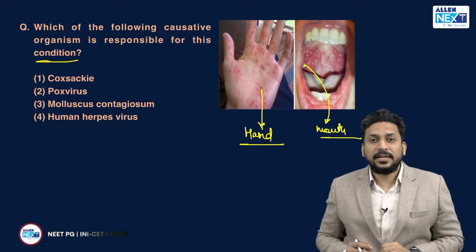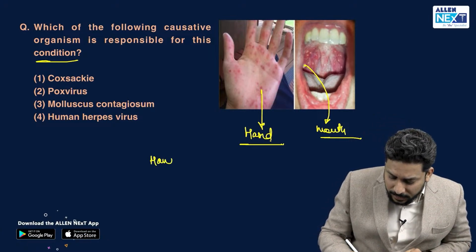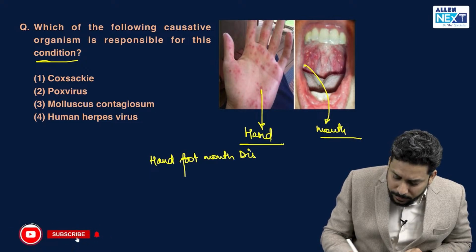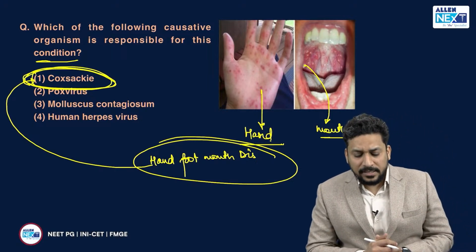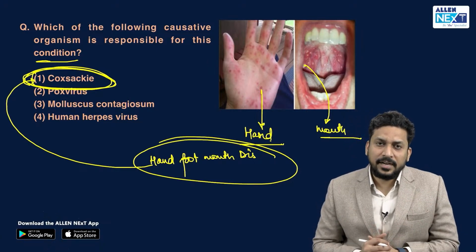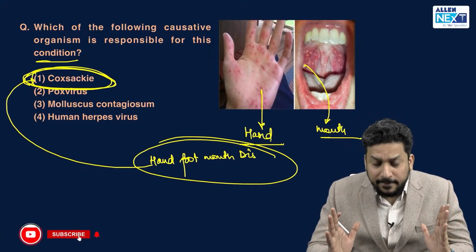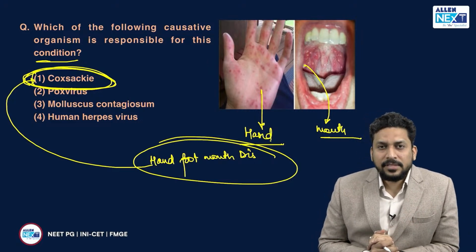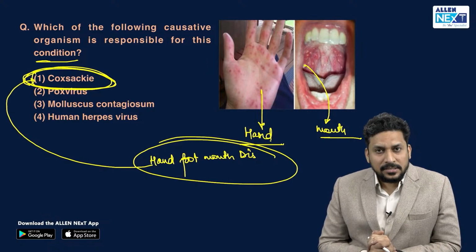And this is usually associated with such ulcerative rashes over foot as well, known as hand, foot, mouth disease caused by, yes, Coxsackie A. So this is the common causative organism, and here in the images you can see the patient may have prodromal symptoms like fever and rashes because this is a viral condition, and they start developing this rashes or ulcerative lesions over hand, foot and mouth. This is slightly painful sometimes, and you have to give symptomatic treatment to the patient, and gradually this subsides.